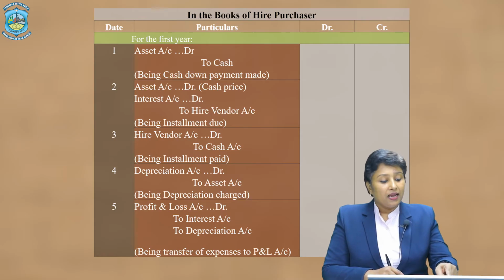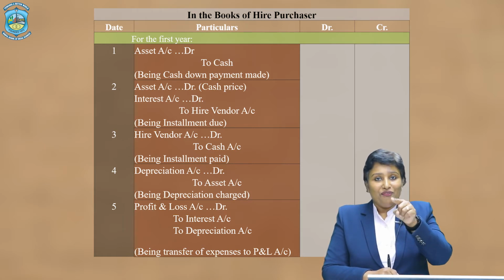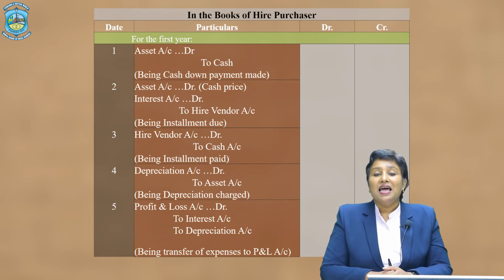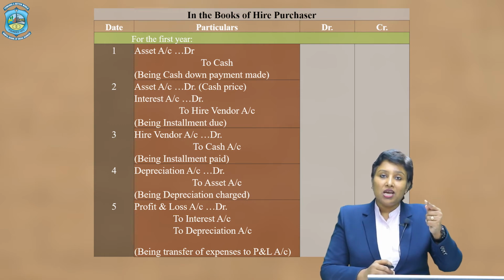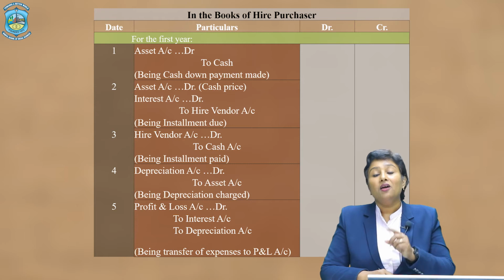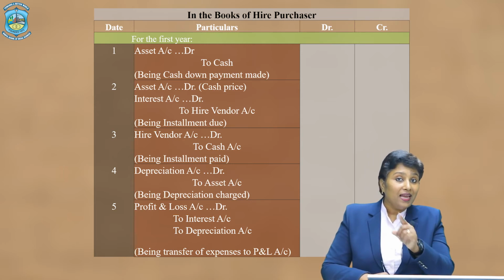So to close these two expenses accounts, that is the depreciation account and interest account, we will pass the entry P&L account debited to interest and depreciation. I repeat, P&L account debit, that is profit and loss account debited to interest and to depreciation, and all the amount of interest charged in the first installment and the depreciation charge for the first year will be transferred together to the profit and loss account at the end of the year.